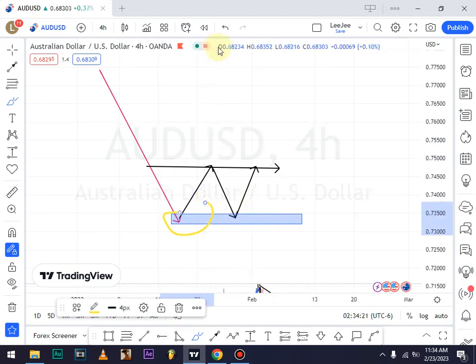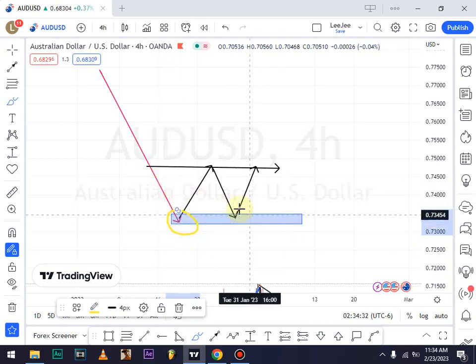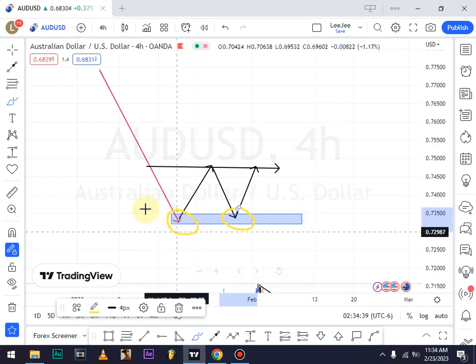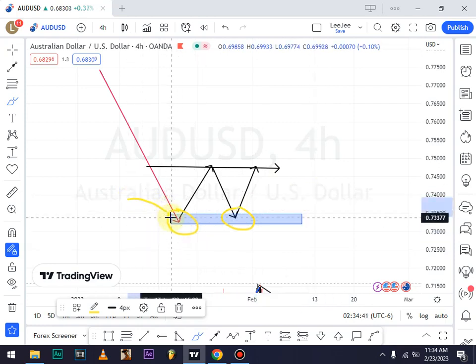So the bears will ask themselves a question: does this second low provide enough support to the first one over here? So this one over here, this is the second low. The bears are eager to see whether this first bottom provides enough support.